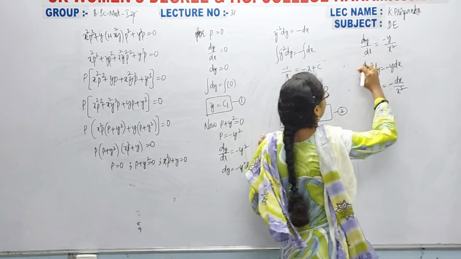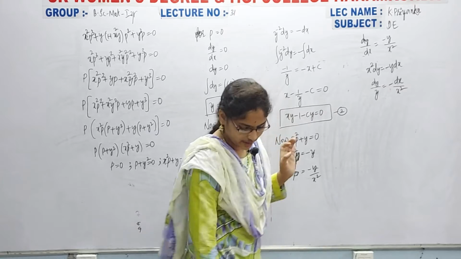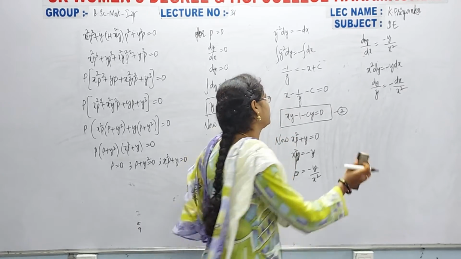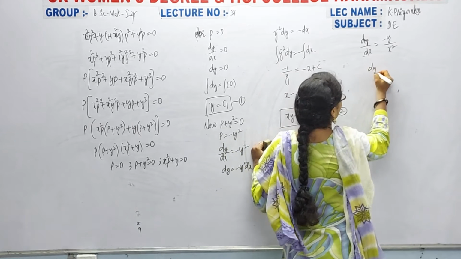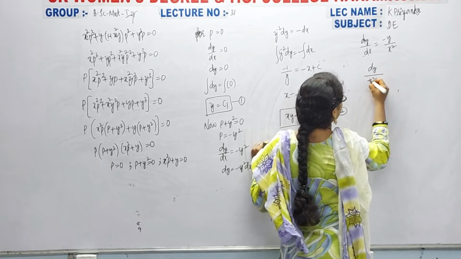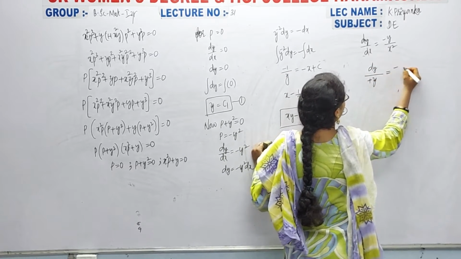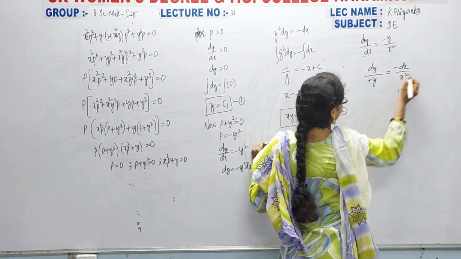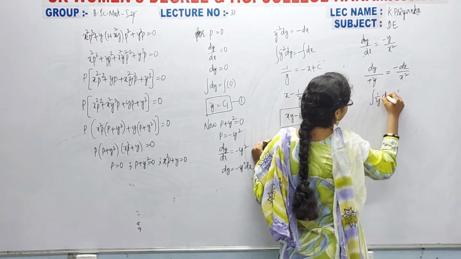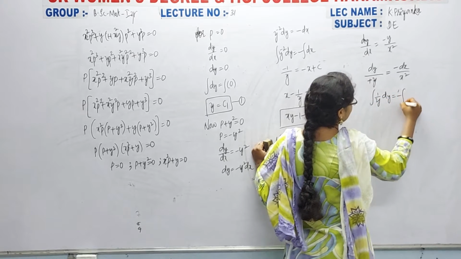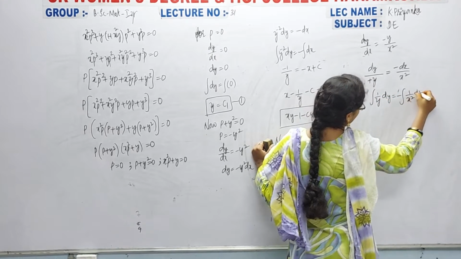So now otherwise simply you can take it in a simple way also. dy by y equal to minus dx by x square. Now integrating on both sides, then integration of 1 by y dy equal to minus integration of 1 by x square dx.